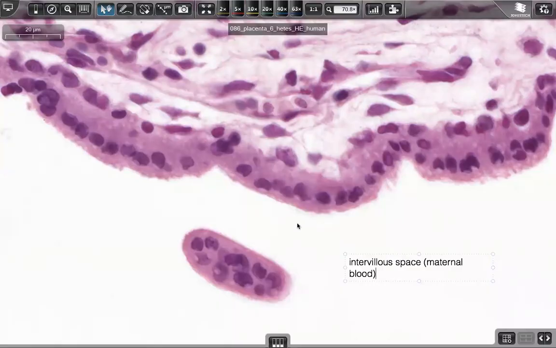And I said the gas exchange occurs by diffusion through the wall of the chorionic villi. So you should know the components, the layers of the blood placental barrier.